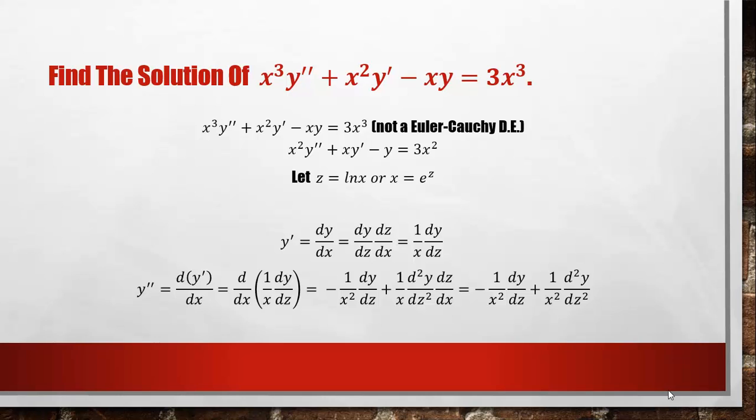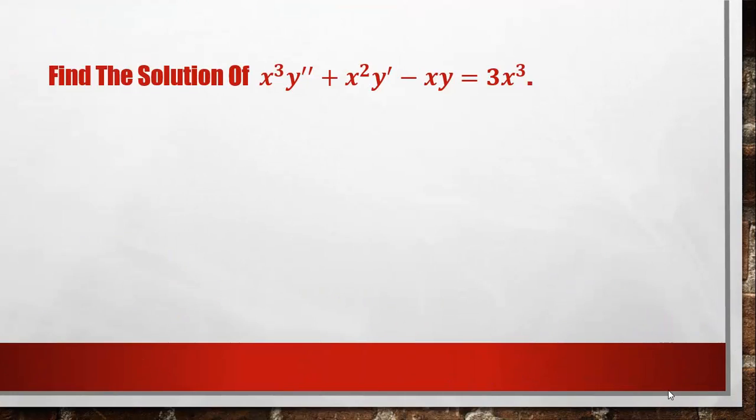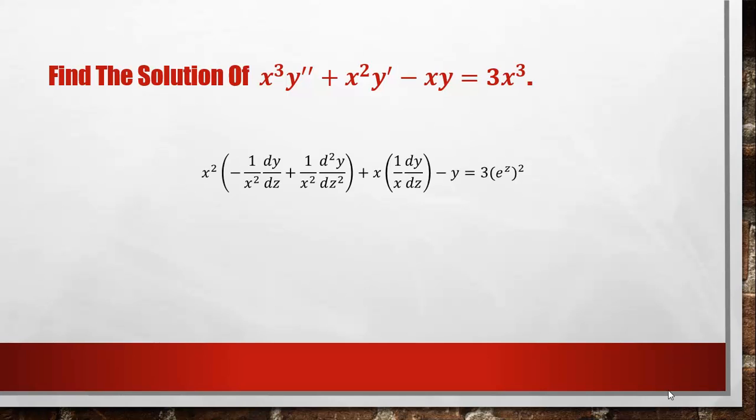Substituting y prime and y double prime into the Euler-Cauchy differential equation, we get x squared times the quantity negative 1 over x squared dy over dz plus 1 over x squared d squared y over dz squared, plus quantity x times 1 over x dy over dz, minus y is equal to 3e to the 2z.